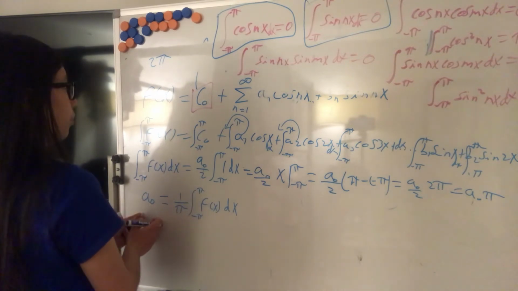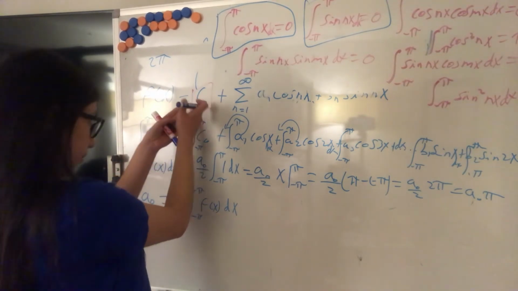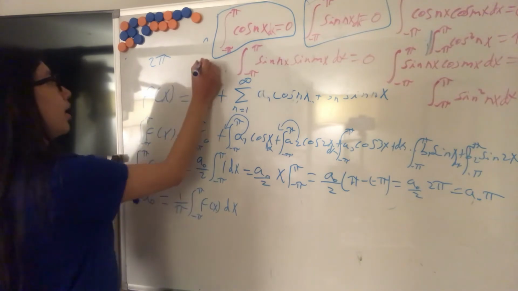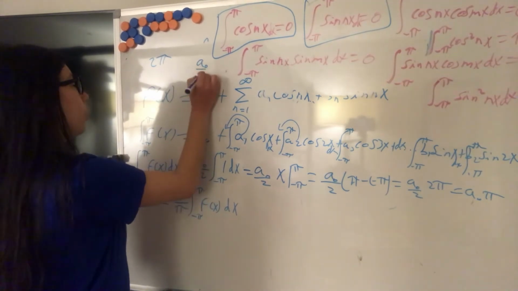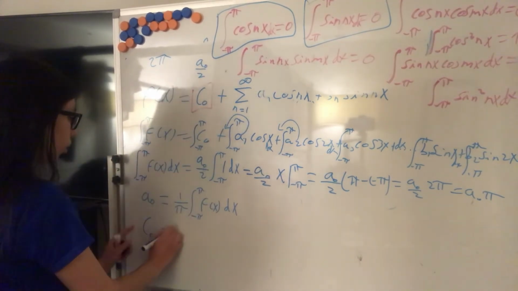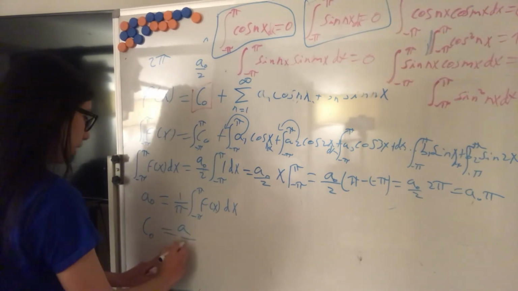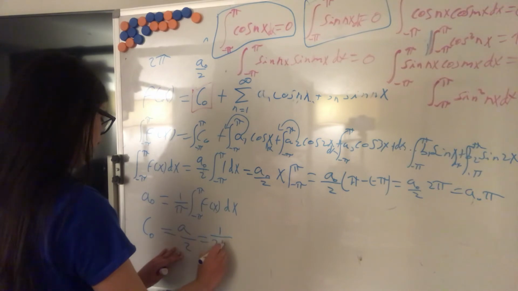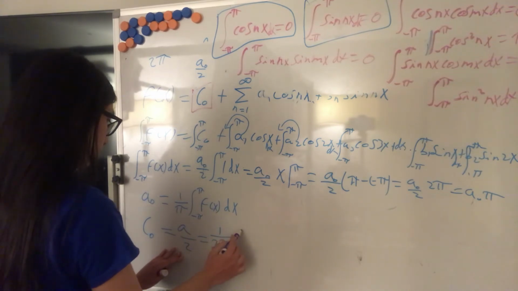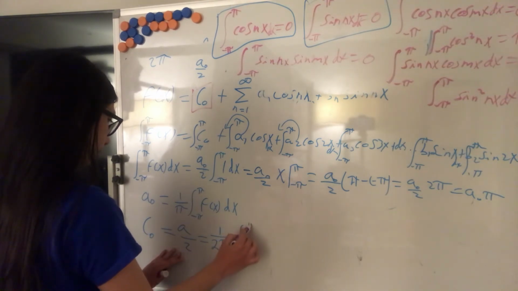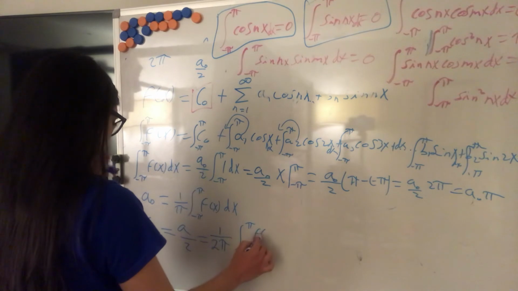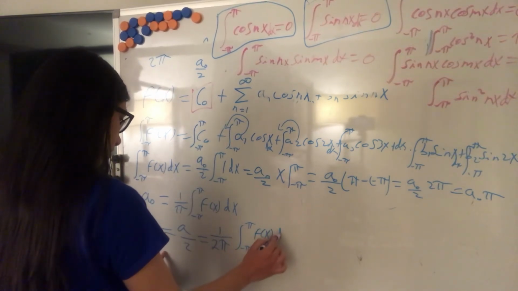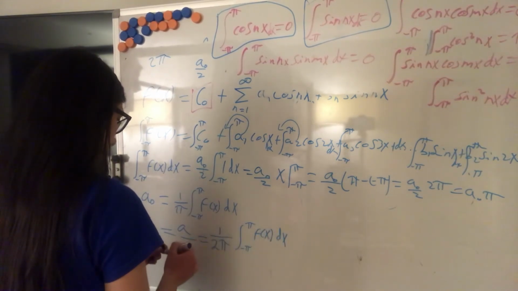So this is a sub naught, but c sub naught is a sub naught divided by 2. So my c sub naught would be 1 over 2 pi times the integral from minus pi to pi of f of x dx.